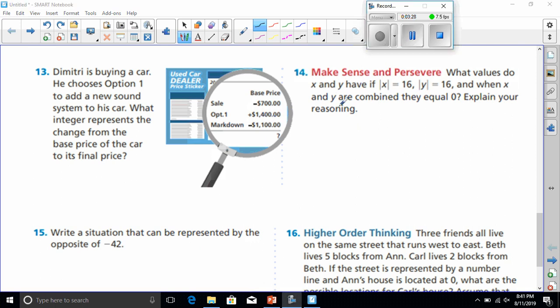Well, we're going to have to do a little arithmetic for this one, as in we have two numbers that are negative, negative 1,100. And then we have another one that is negative 700. Those represent the markdown in the sale price. If we add those together, that gives us a negative 1,800.